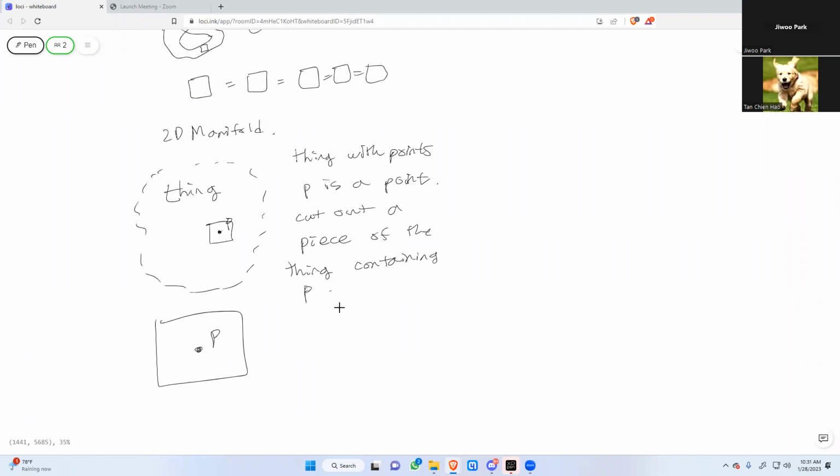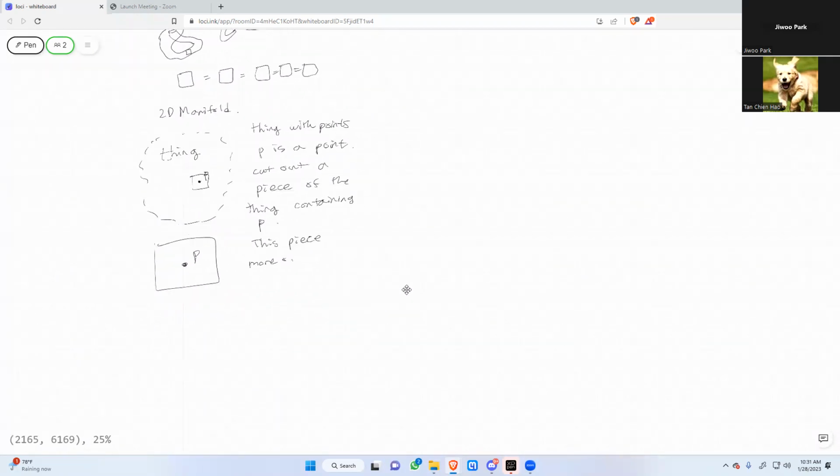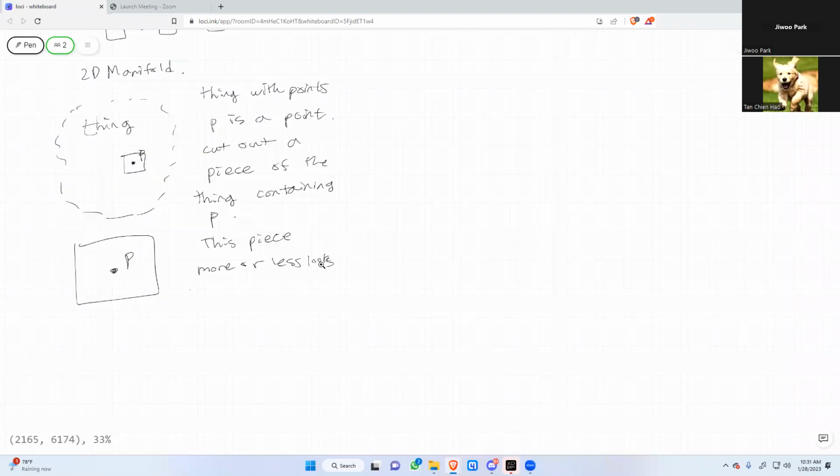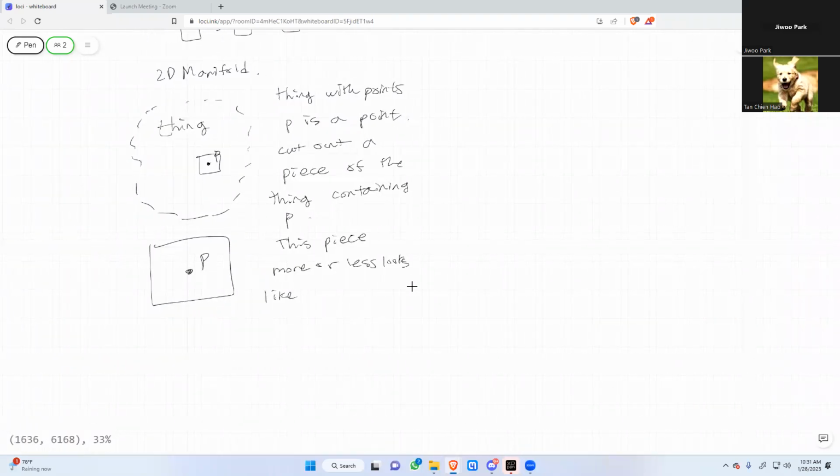Nice. Okay, so yeah, this piece more or less looks like a piece of the Euclidean 2D space.